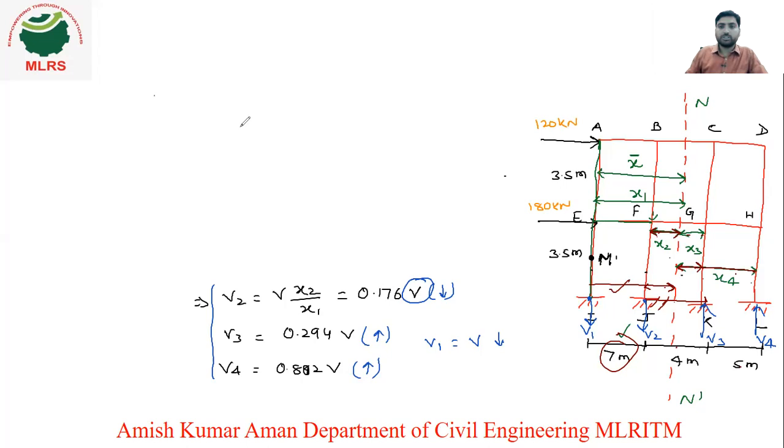All the forces. So here you can see the horizontal forces above. How many horizontal forces are there? Two horizontal forces, 120 and 180. So the summation of moments about point M, the point of contraflexure, is equal to 0, or you can write, taking moments due to all forces about the point of contraflexure, right?